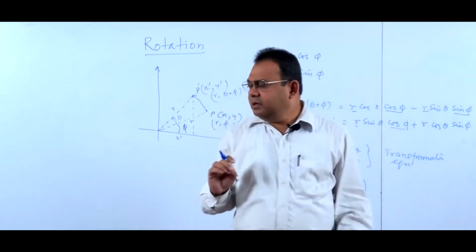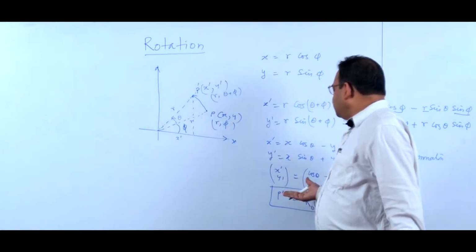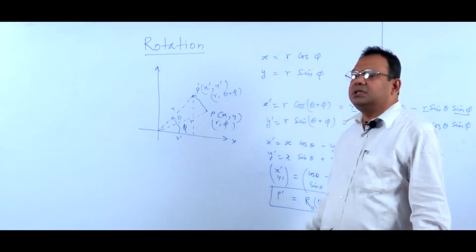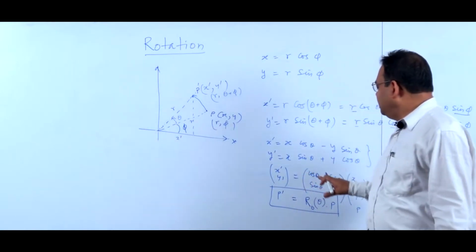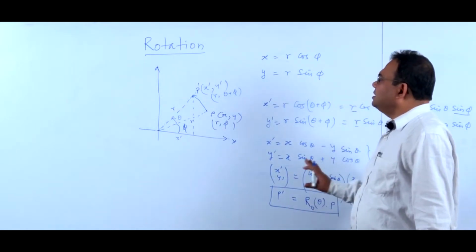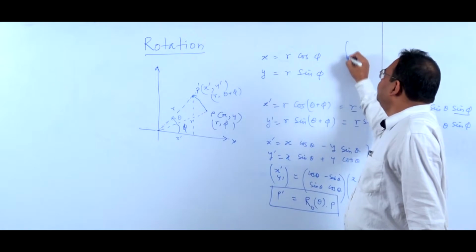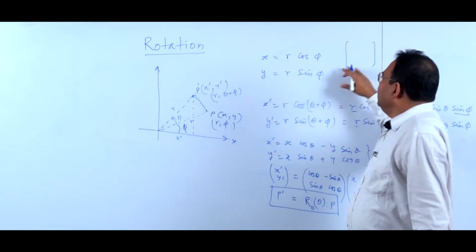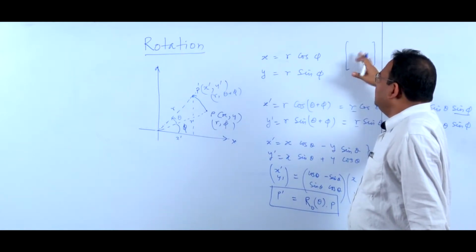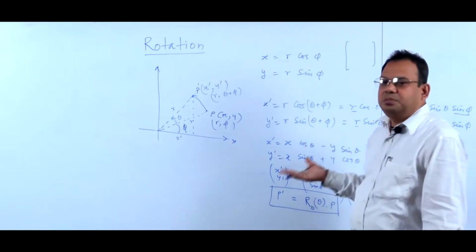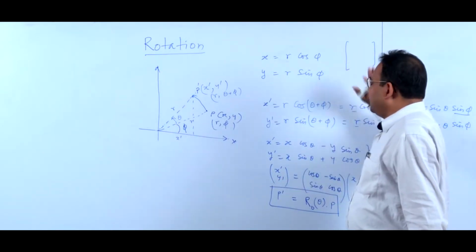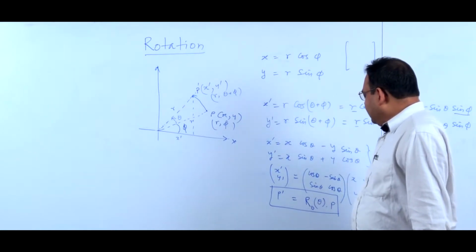Now let us first consider why we are interested in representing these equations in matrix form. First of all, if we represent everything in matrix form, a matrix is nothing but a two-dimensional array. So it can be easily represented using any programming language, because almost all programming languages support arrays.